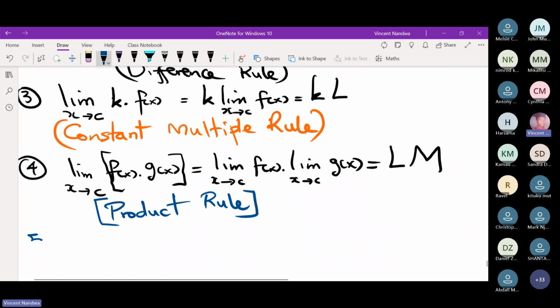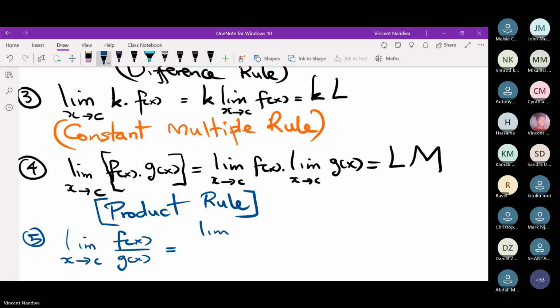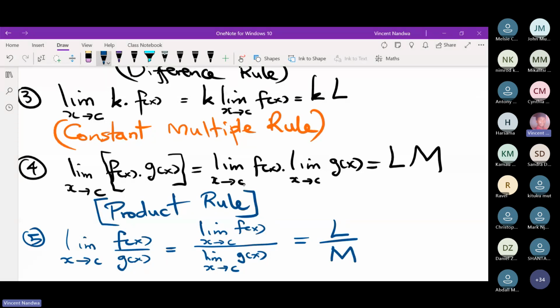Then number 5, the limit as x approaches c of f of x over g of x will be the same as the limit of f of x as x approaches c divided by the limit of g of x as x approaches c, which is L over M, and we are putting a restriction that M can never be 0 for that to be defined.